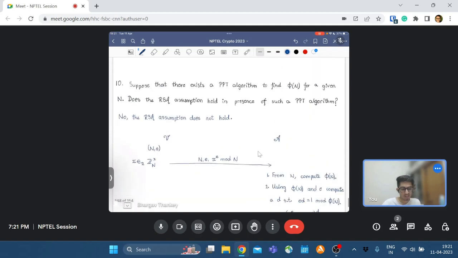So if there exists a PPT algorithm to find phi(n) given n, then the RSA assumption does not hold. And in fact, in the last class, we saw that computing phi(n) is exactly the same as factoring n. These two are polynomially equivalent to one another. So we could have also argued this question using that result.